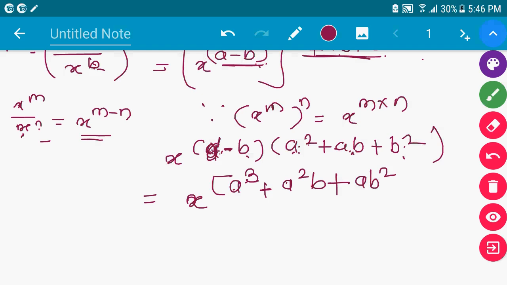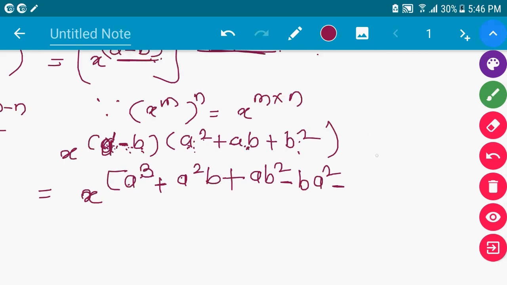Now we multiply with this b, which is negative, and this a is positive, negative will make the answer negative, so this becomes minus b a square. Again minus, because minus b minus a plus ab, so the answer is minus, so minus a b square and minus b cube.